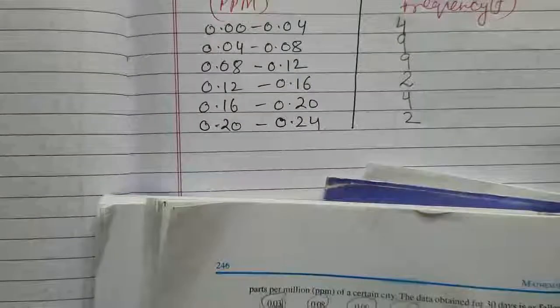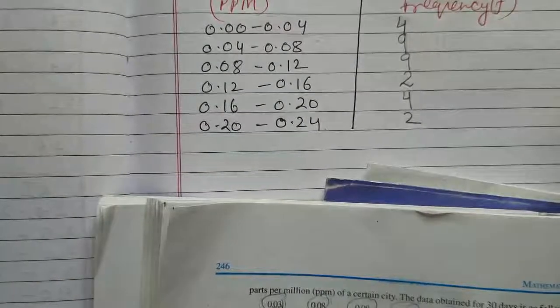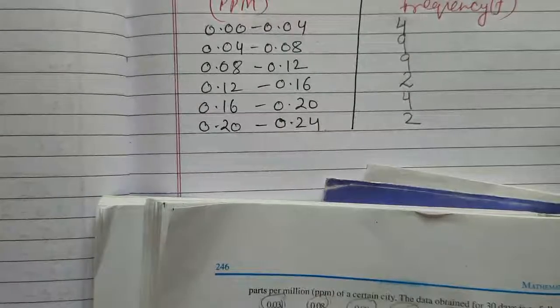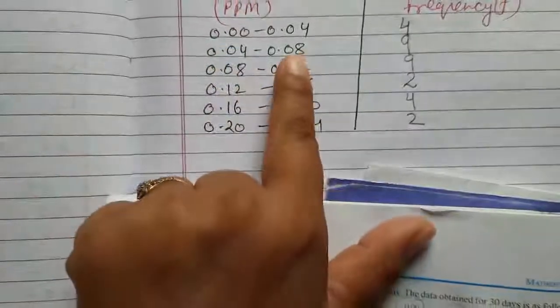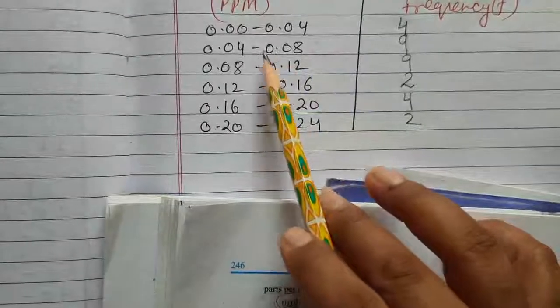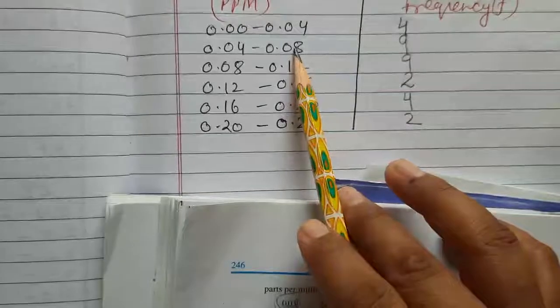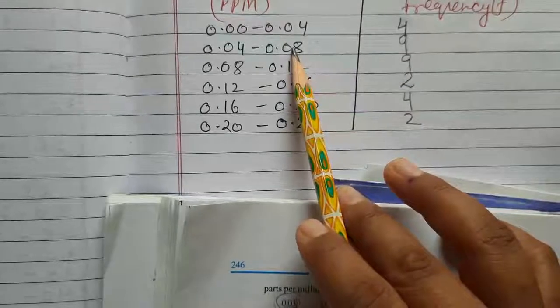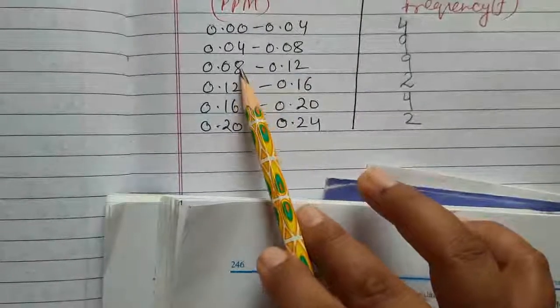Children, it is not very difficult to make the grouped frequency distribution table, but when we are taking the values, we have to be very careful. We have to check the upper limit and the lower limit of the class interval, then select the value. If any value lies exactly on the upper limit, we will not take it in that class, we will take it in the class where that observation is the lower limit.